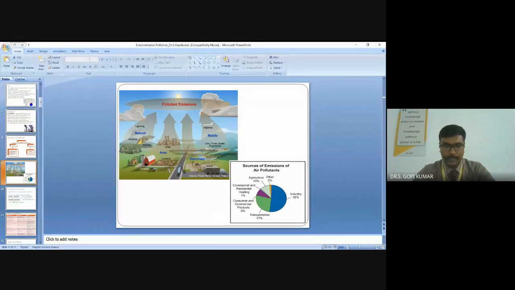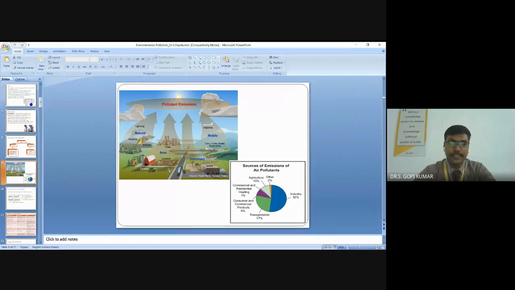This slide highlights the sources of emissions of air pollutants, and the major sources include agriculture. The blue color highlights that industry is the root cause of pollution at 52%, and the rest is due to transportation, consumer and commercial products, and commercial and residential heating.